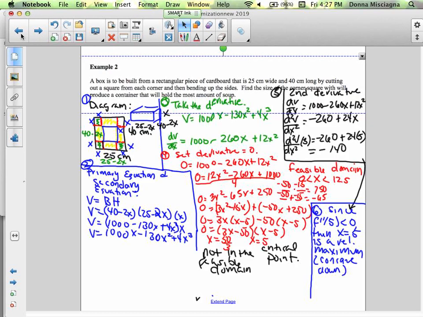So we've answered it. So the answer to the question is x equals 5 is the size of corner for the largest container.